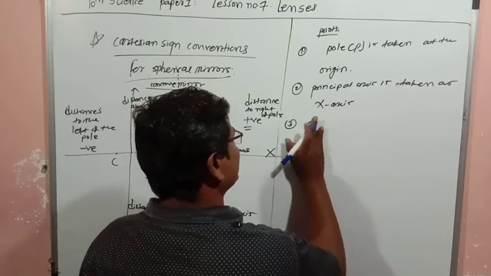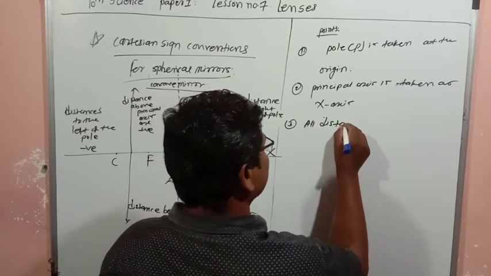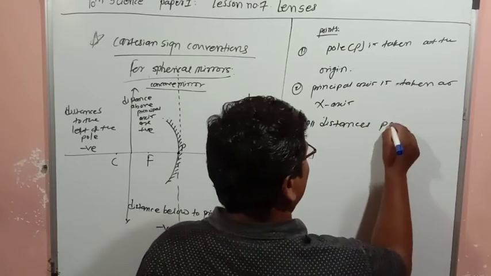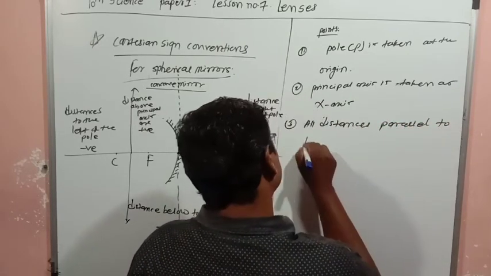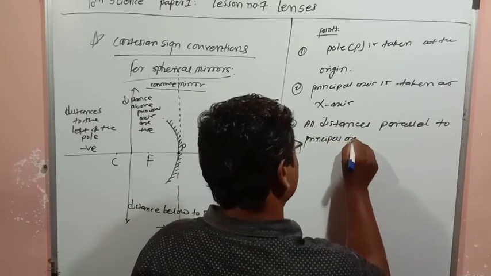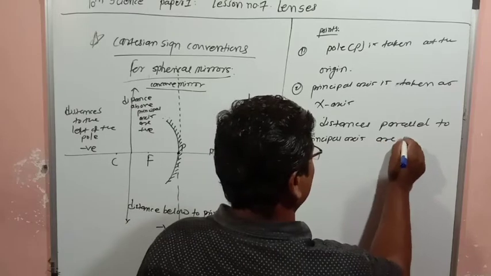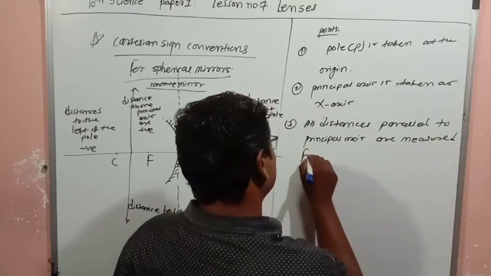All distances parallel to the principal axis are measured from the pole.